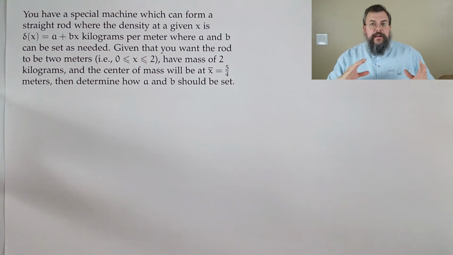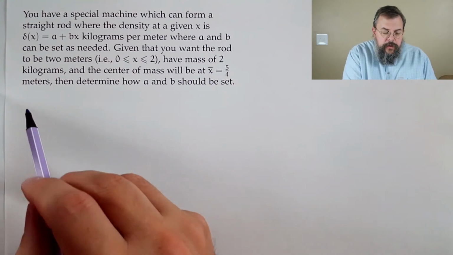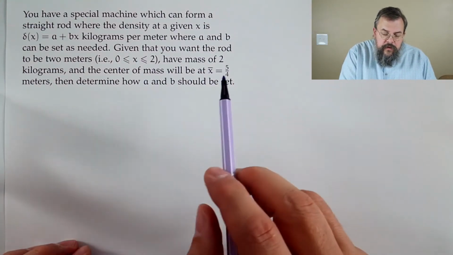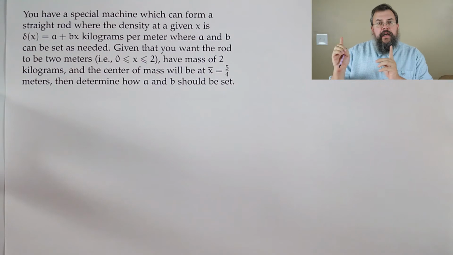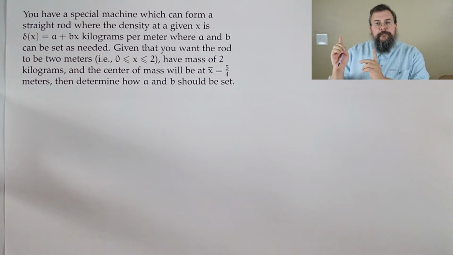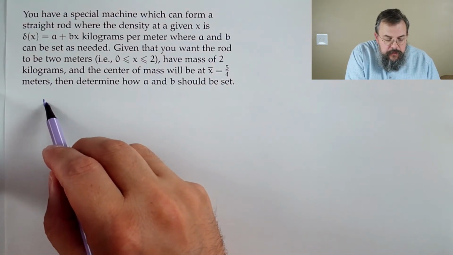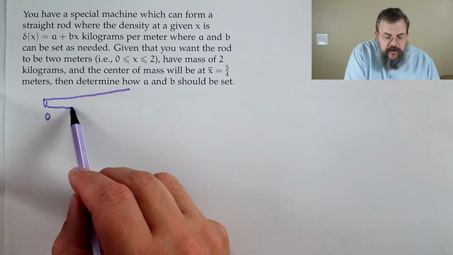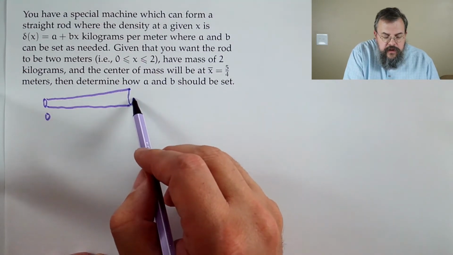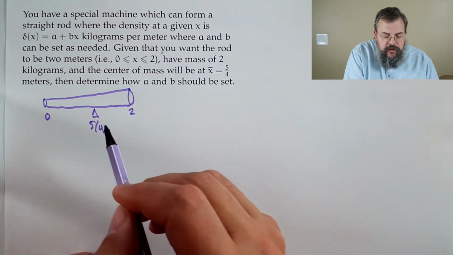Well, we can start visualizing what should be true. We have a rod going from 0 to 2. Notice where our center is. If I go from 0 to 2, halfway would be 1. So we're biased towards 2, because 5/4 is 1.25. So pictorially, it should get a little bit thicker towards the 2, so that our center of mass balances at 5/4.